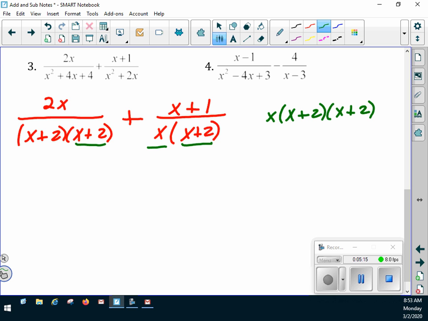Is this first fraction missing anything? It's missing the x, so I need to multiply top and bottom by x. Is the second one missing anything? It's missing an x plus 2 because there are two x plus 2's in my common denominator. You okay?